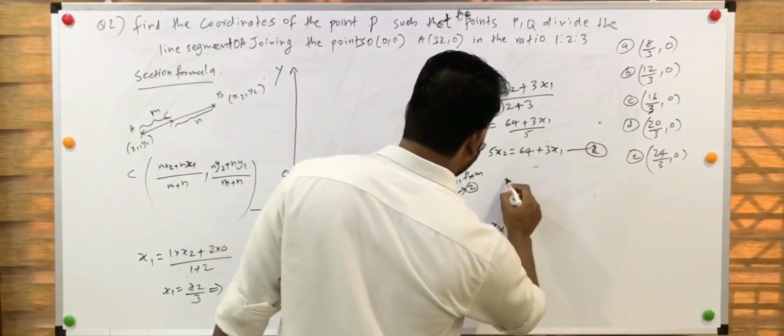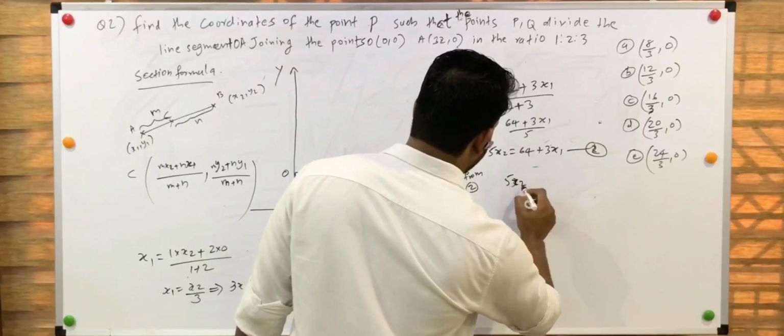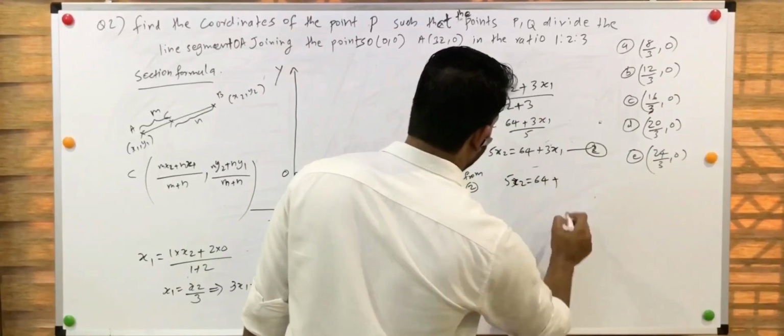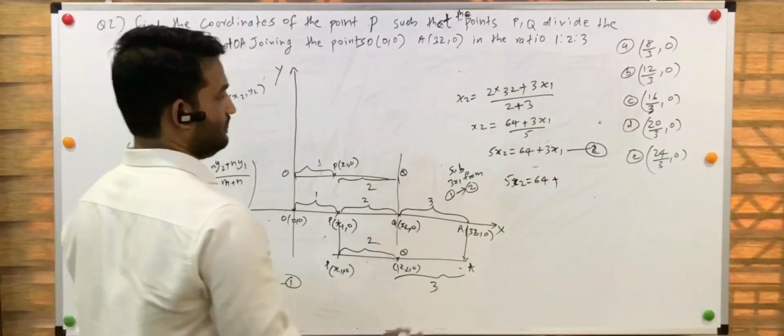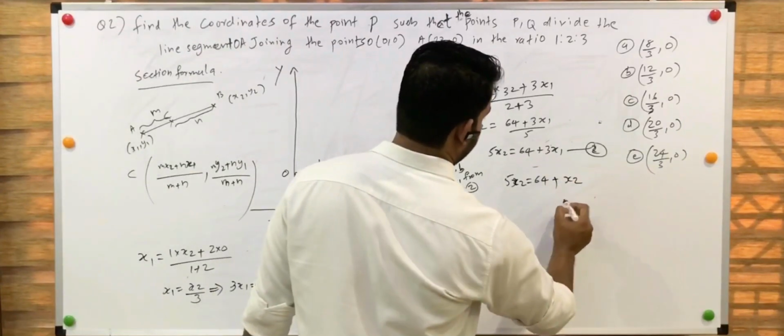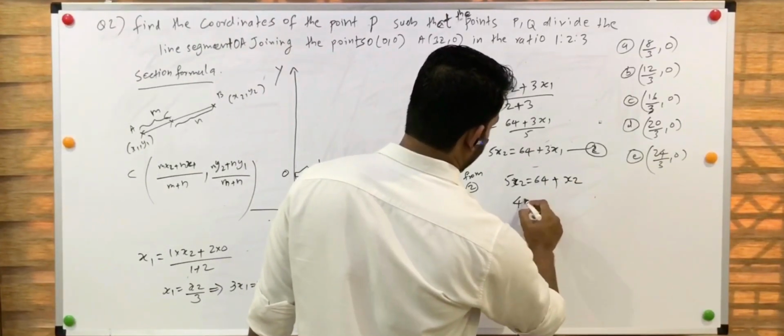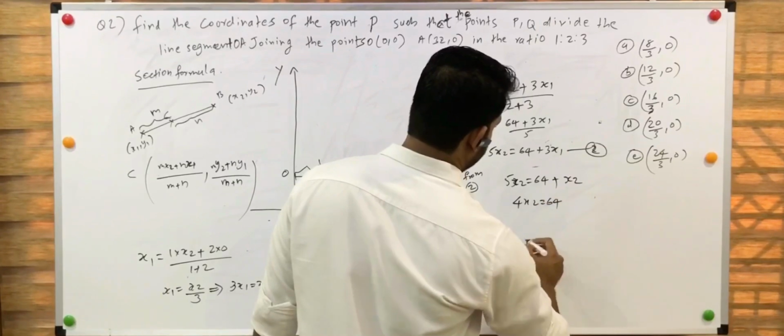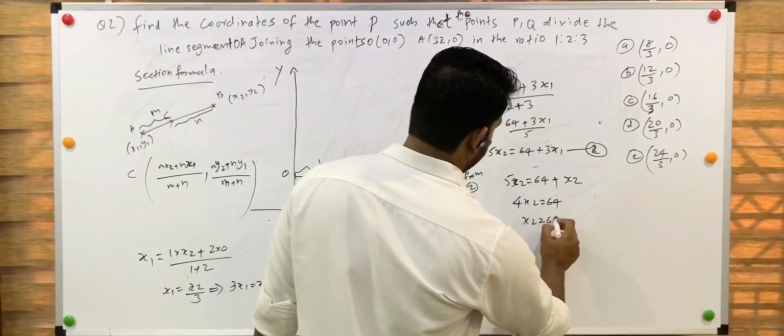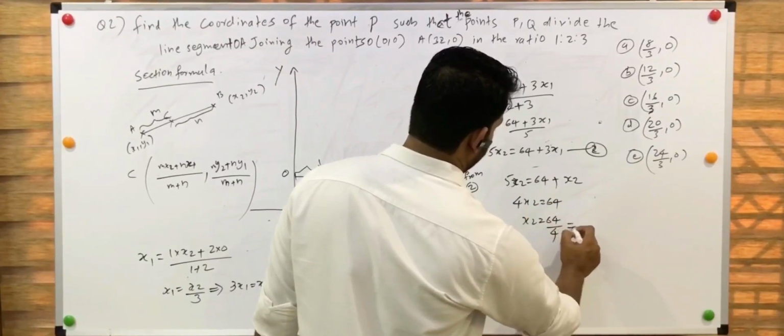Then we get 5x2 is equal to 64 plus x2, because 3x1 here is x2. So 4x2 is equal to 64. So x2 is equal to 64 by 4, that is 16.